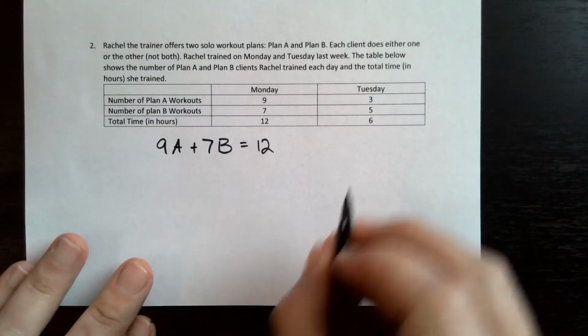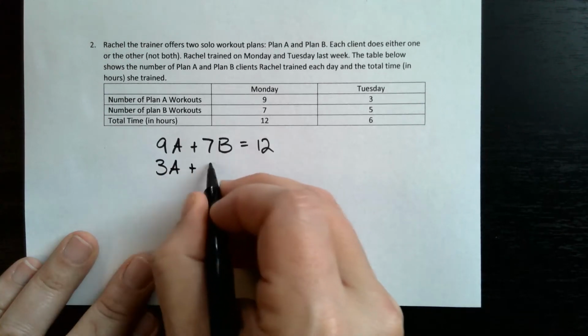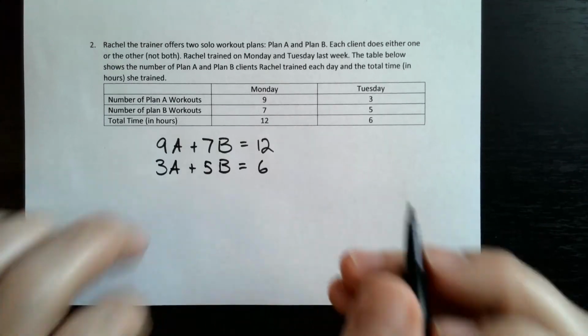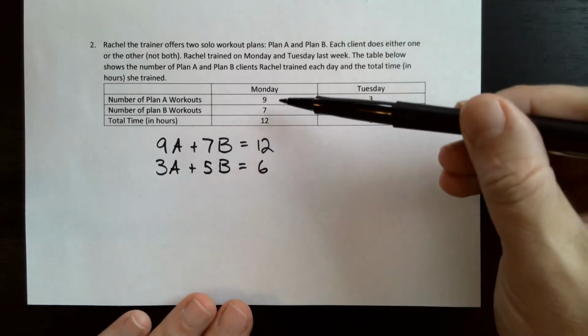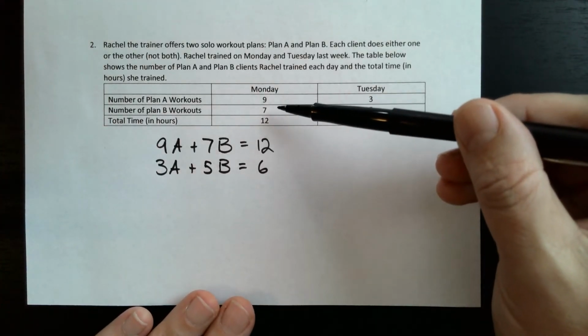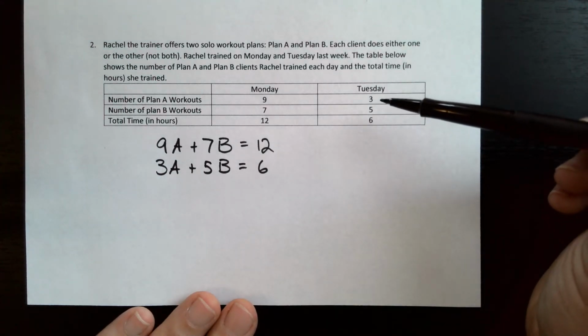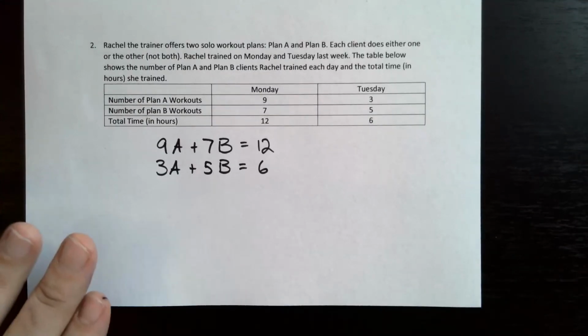And the second equation will be the Tuesday one: 3A plus 5B equals 6. So we're trying to figure out how long each one of these workouts is such that when she does 9 of the A and 7 of the B, she gets 12 hours, and when she does 3 of the A and 5 of the B, you get 6 hours. So those are the equations that we're setting up.